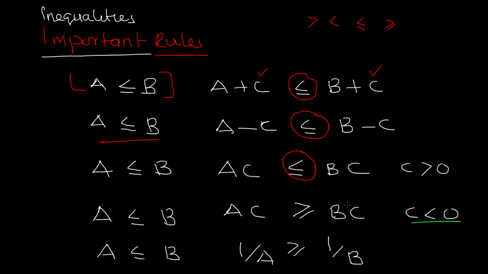So if I multiply with -1 here, and with -1 there, then this sign changes to that sign. This applies to multiplication and division. So if I say a over c and b over c, with c a negative number, that also changes.